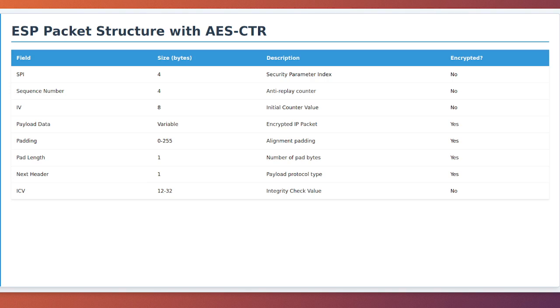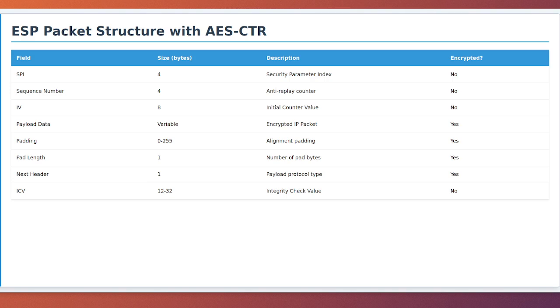Following the encrypted payload, we have padding bytes if needed, though with CTR mode this is only for ESP protocol compliance rather than cryptographic requirements. The pad length field tells us how many padding bytes were added, and the next header field indicates what type of data is in the decrypted payload, typically IP version 4, IP version 6, or a transport protocol like TCP or UDP.